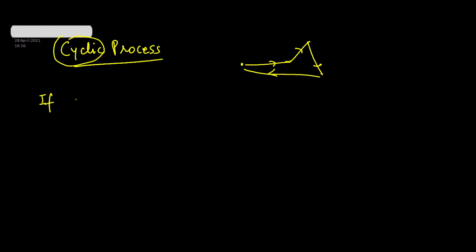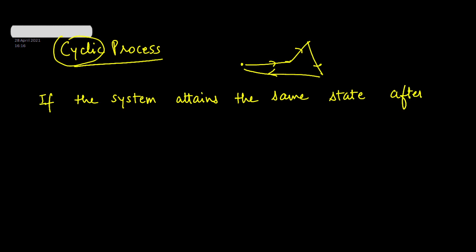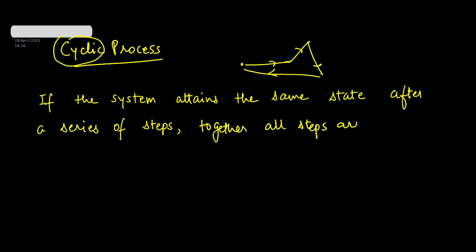If the system, not the surroundings, if the system attains the same state after a series of steps, okay, the process, or all the steps together, are called a cyclic process, right?